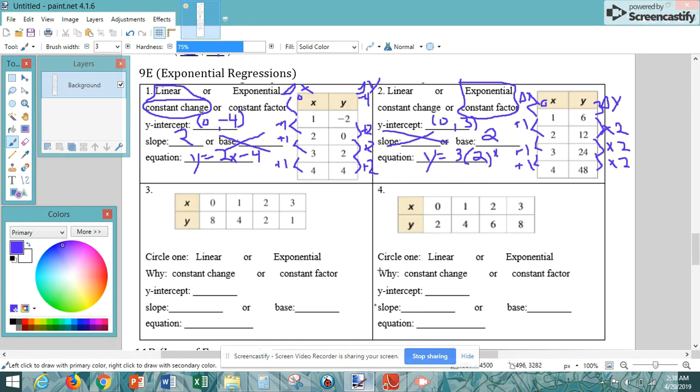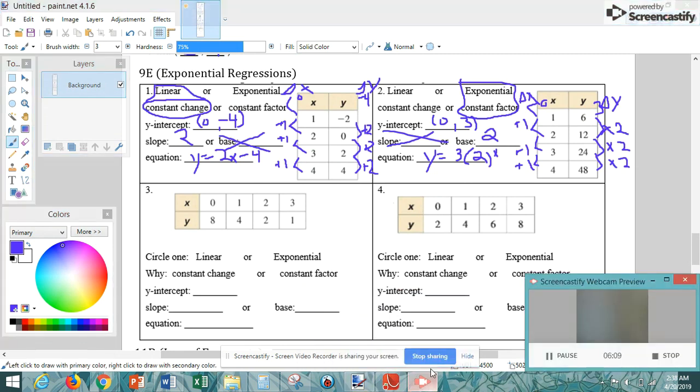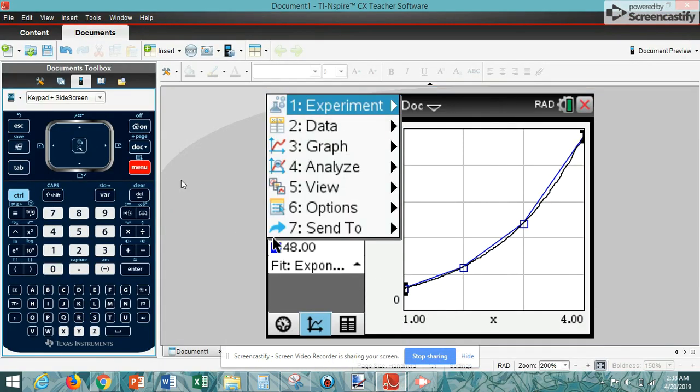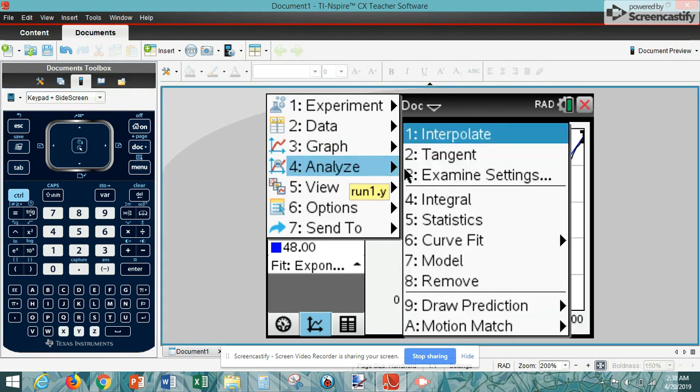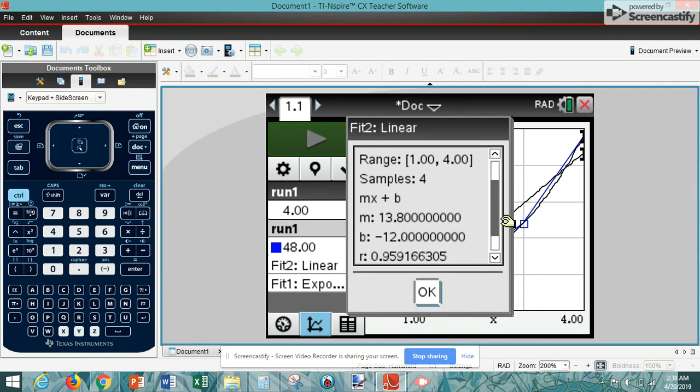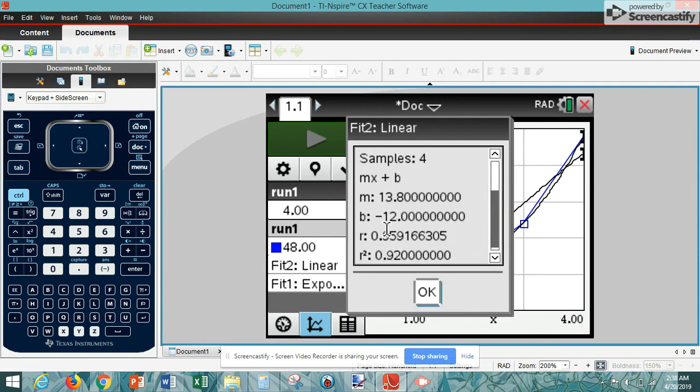And that fits the equation we got. Now let's just say we wanted to try to get linear instead. So menu, analyze, curve fit, linear. For this one, R is not 1, it's only 0.959 something. That means that is not as good of a fit.